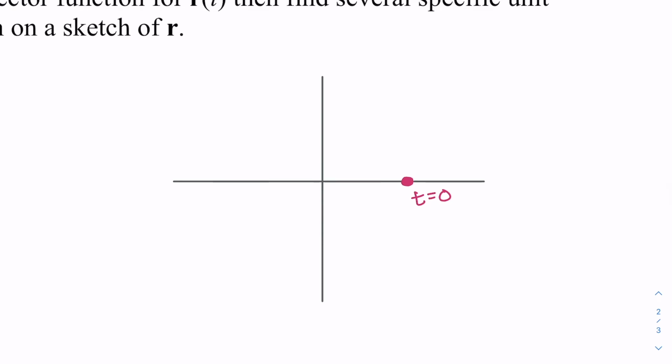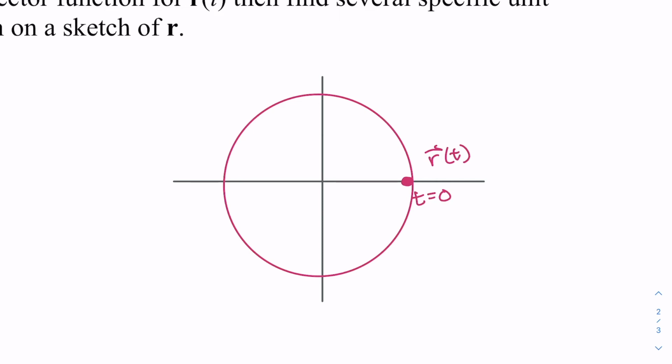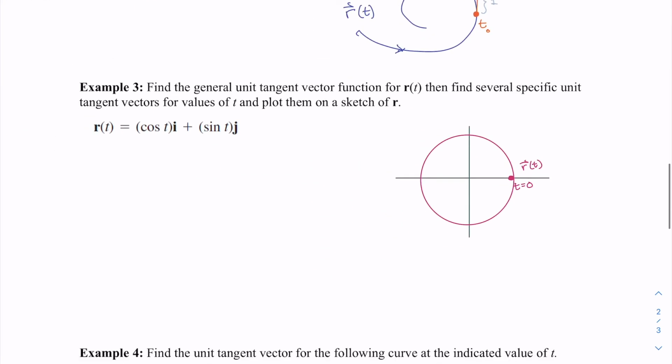So you just trace the unit circle. Here's our curve r of t. And then as t increases past 2 pi, you just continue to trace over the unit circle over and over again.